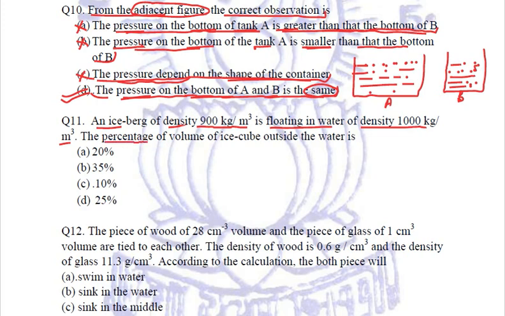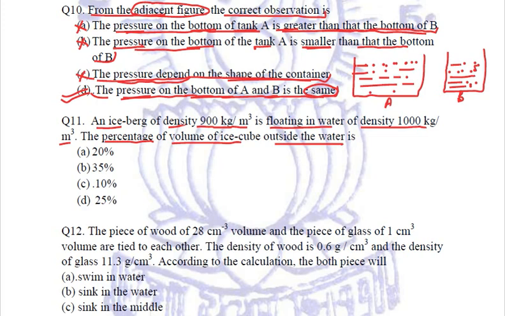Now the percentage of the volume of ice cube outside the water will be. We need to calculate what percentage will be outside the water. Now for that we need to make a few calculations first.